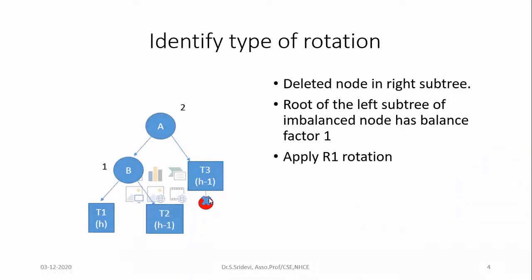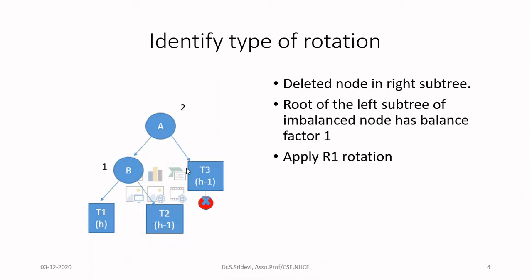I'm deleting the node from the right subtree of the node A, and because of that, the balance factor of node A is affected and node A has become imbalanced. Now I have to apply the type of rotation. Since I am deleting the node from the right subtree, the rotation is now R. Then I have to identify what type of imbalance happened.